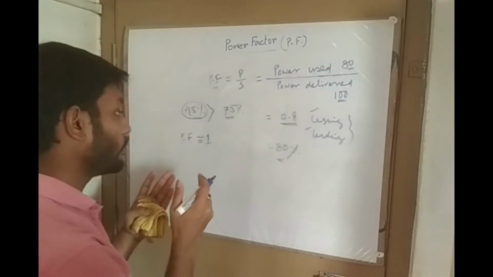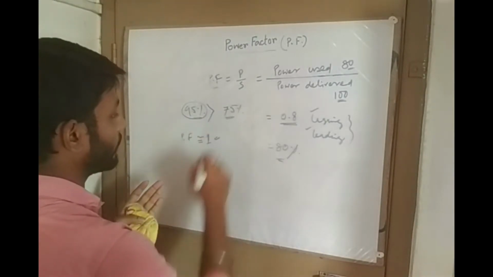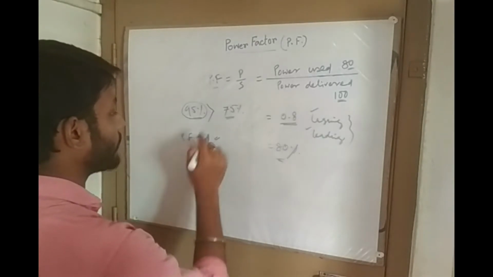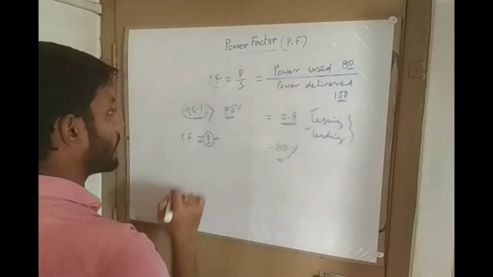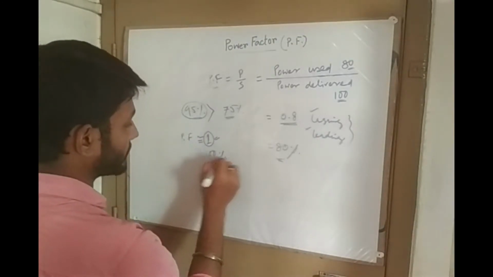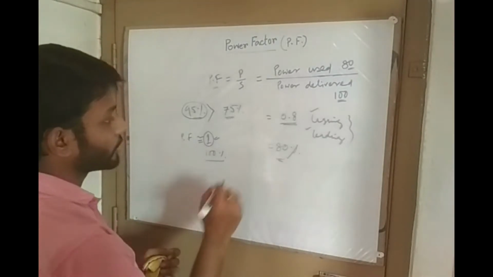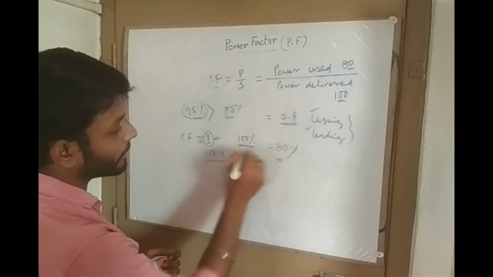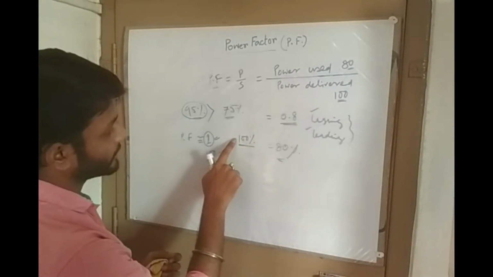Why and how we will keep the power factor there is the next part. But our target is to keep the power factor at 1. So in terms of percentage, we can say 100%. So we have to achieve a power factor of 100%.